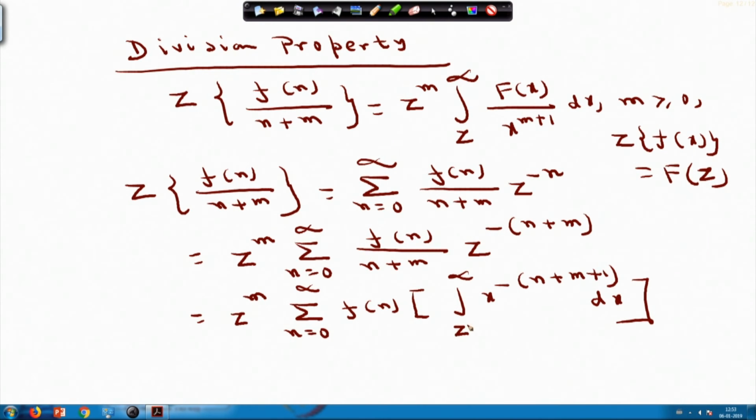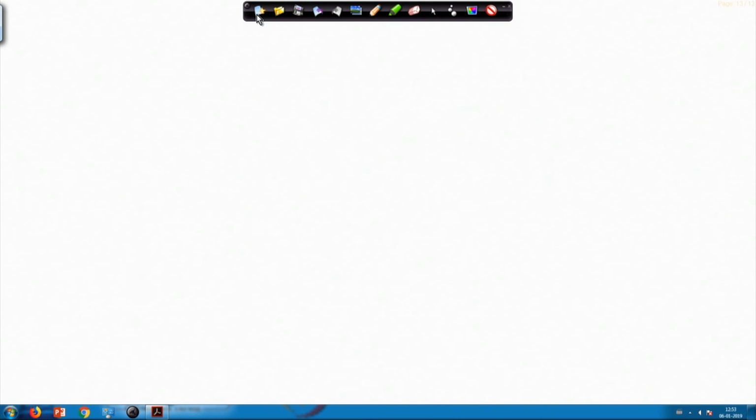If I evaluate the integral, I will simply obtain z to the power minus of n plus m divided by n plus m. So I am replacing this z to the power minus of n plus m by this given integral. And this again, let us see in the next slide.